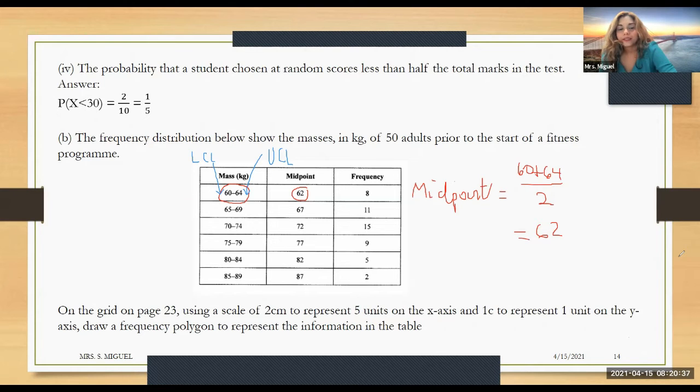Draw a frequency polygon to represent the information in the table. So, students, please get your graph page ready. If you don't have a graph page, a ruler and a pencil, it's fine. We are going to draw the frequency polygon.